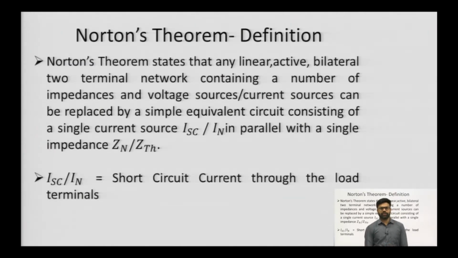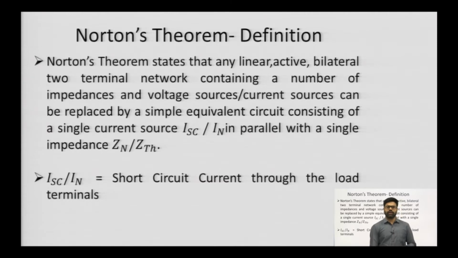This is the definition. If we have a network which is linear, active and bilateral, with some voltage and current sources connected, it can be replaced by a single equivalent current source in parallel with a single equivalent impedance.